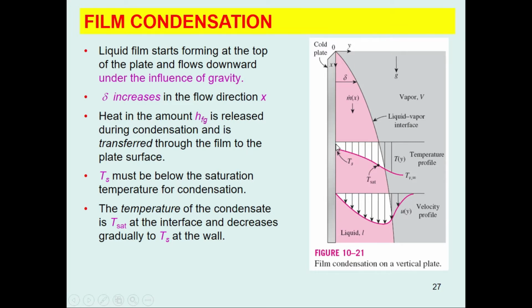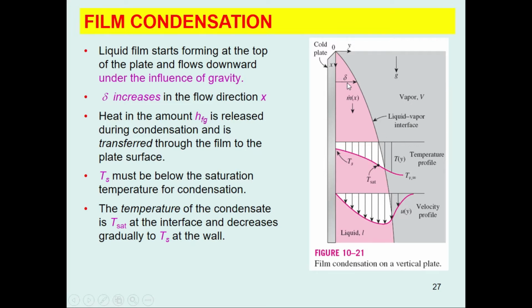The liquid film starts forming at the top of the plate and flows down under the action of gravity force. The thickness of the film, which is represented by delta, increases in the direction of x because of the continuous condensation at the liquid vapor interface.